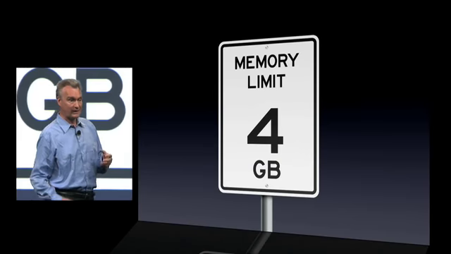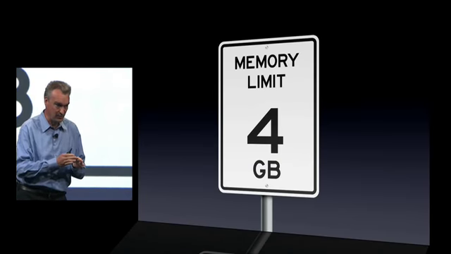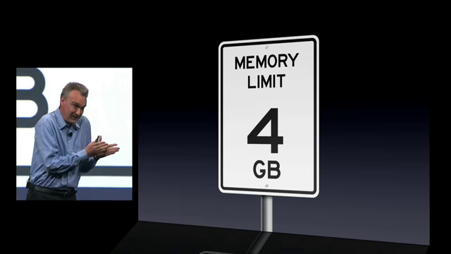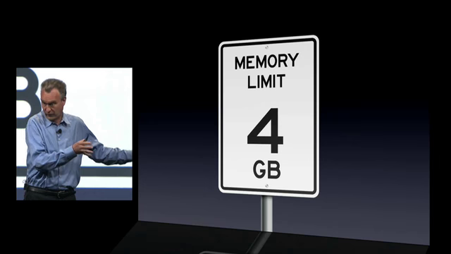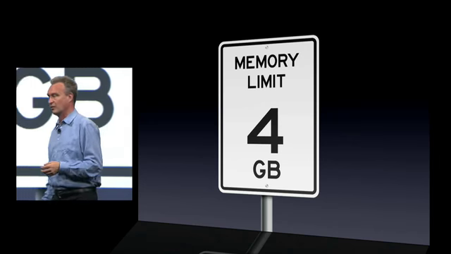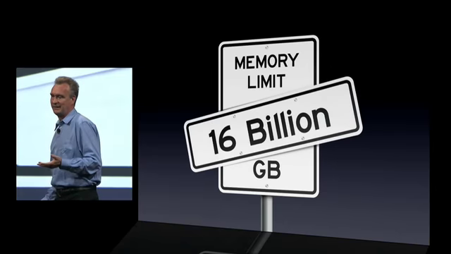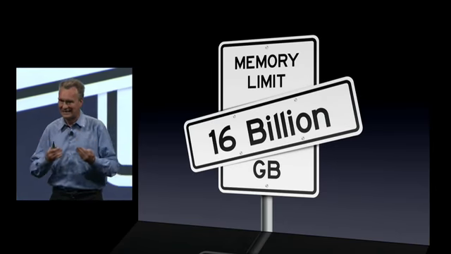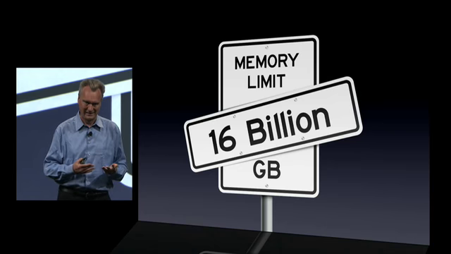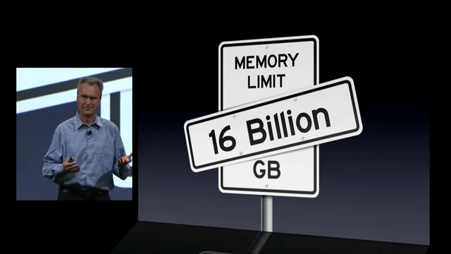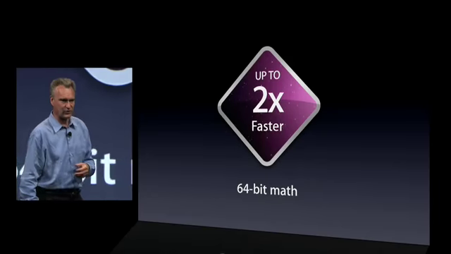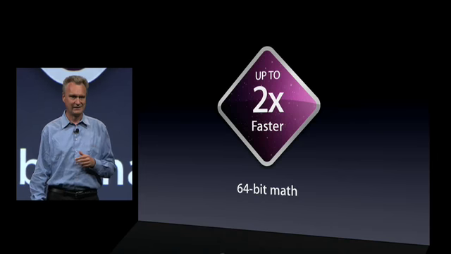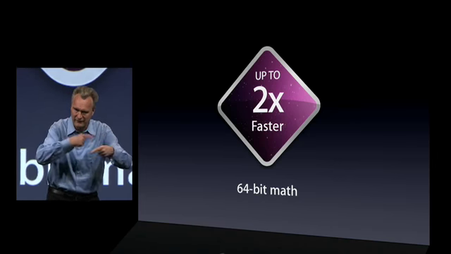Because if your application runs in 32-bit mode, it has an inherent limit with the addressing space at 4 gigabytes. When you run in 64-bit, it's 16 billion gigabytes. That's the limit of your addressing space. In practice, it's unlimited.